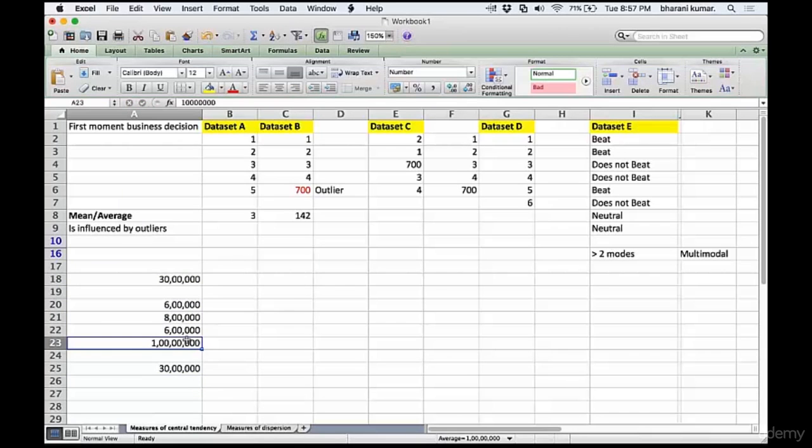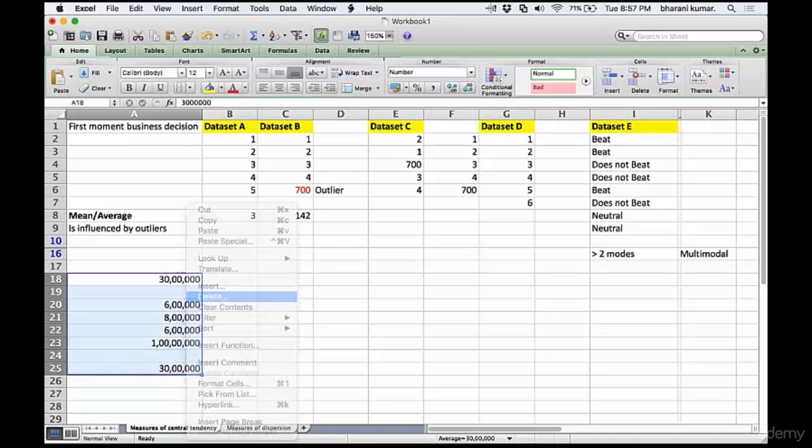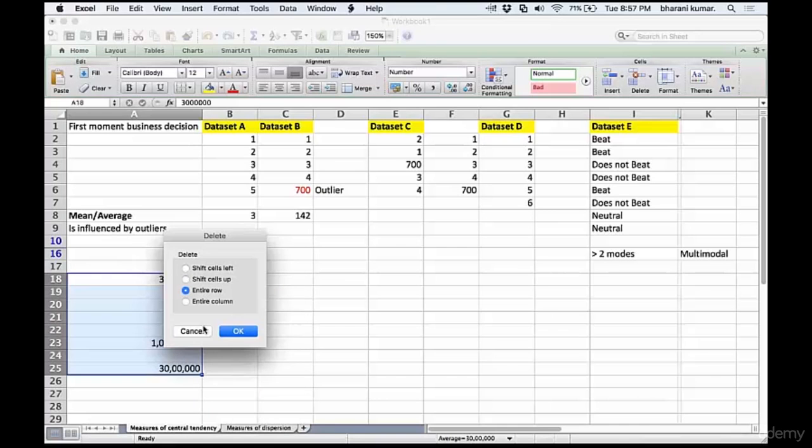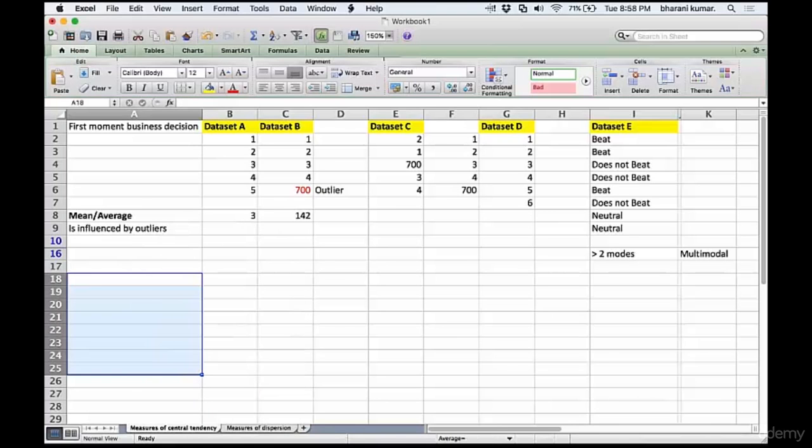Only one student is getting 1 crore per annum. The rest are getting 8 lakhs, 6 lakhs per annum. Until you see this underlying data, it is very confusing. You assume that you will also be getting 30 lakhs per annum. Hence, please do not go with average when you have outliers. You need to do a thorough analysis.